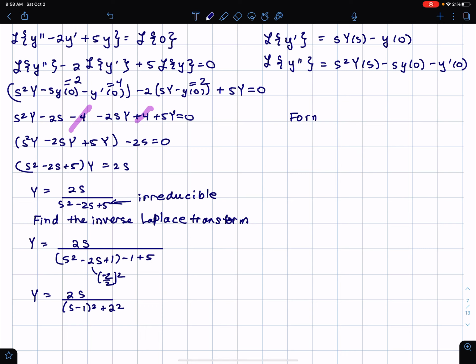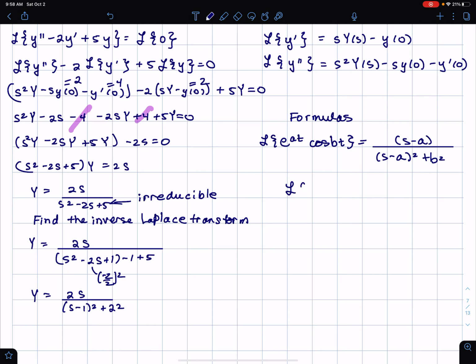Now, the thing is that we have more formulas: the Laplace transform of e to the at cosine bt is equal to s minus a over s minus a squared plus b squared.